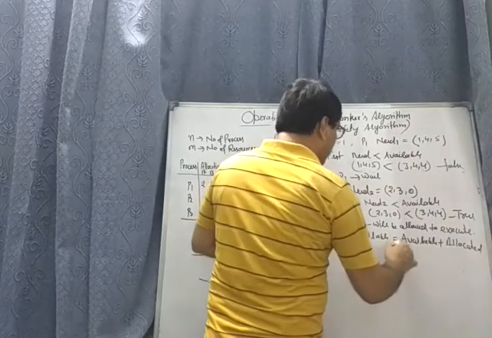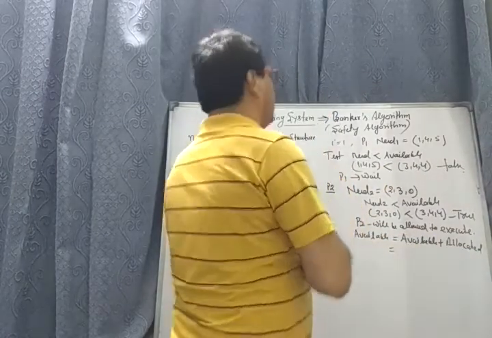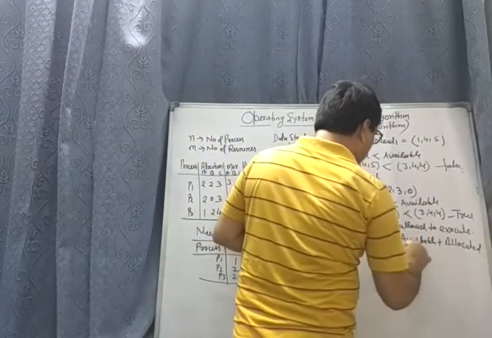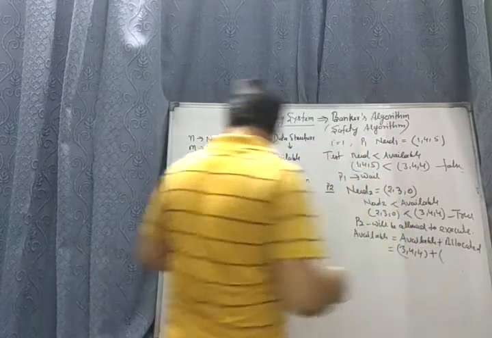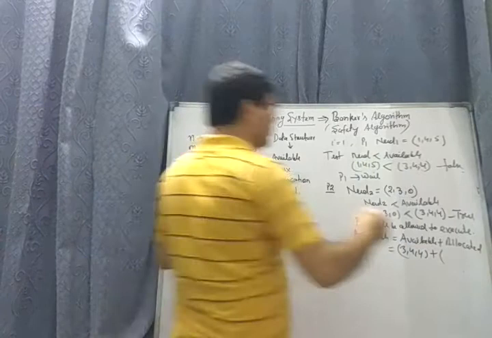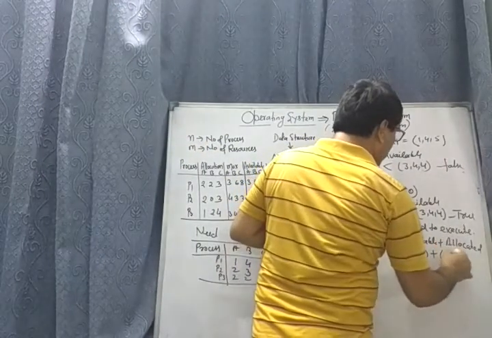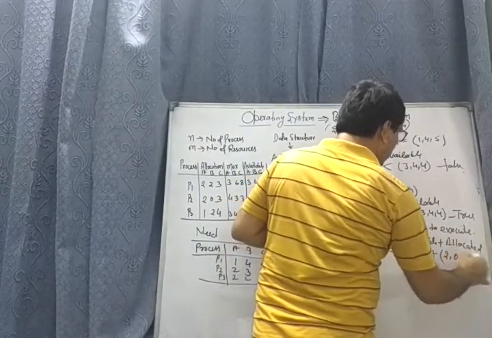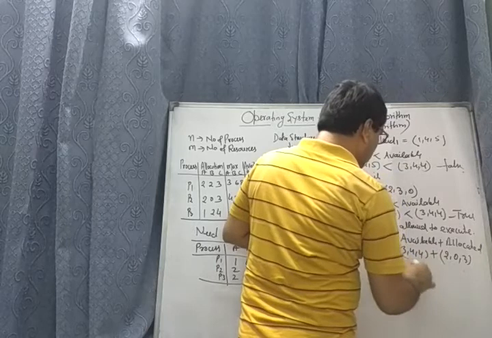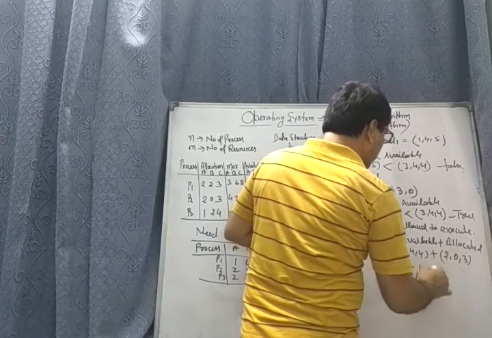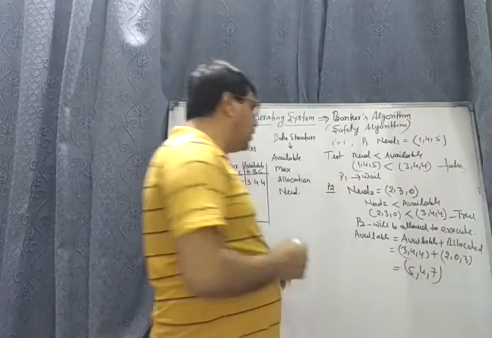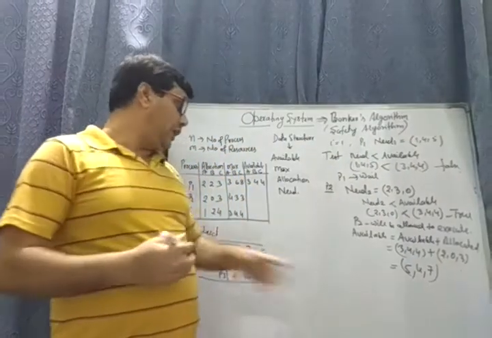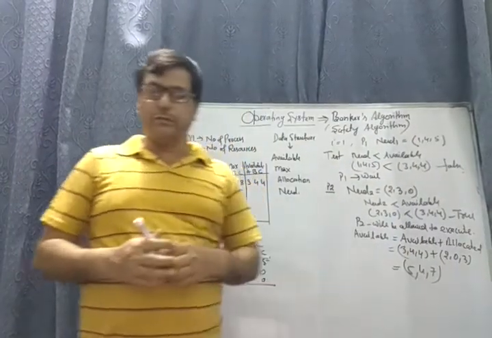Look here. Earlier available is 3, 4, 4 and allocated in process P2 is 2, 0, 3. That means this is equal to 3 plus 2, 4 plus 0 and 4 plus 3. That means now newly available is 5, 4, 7.